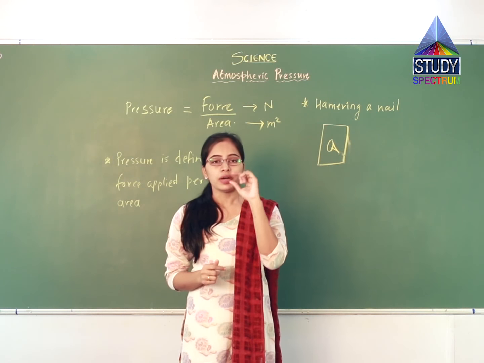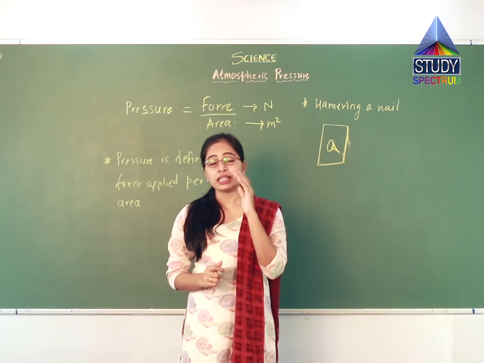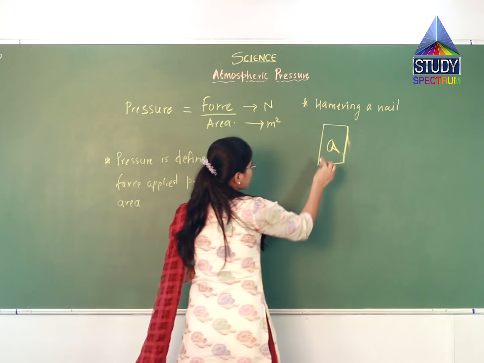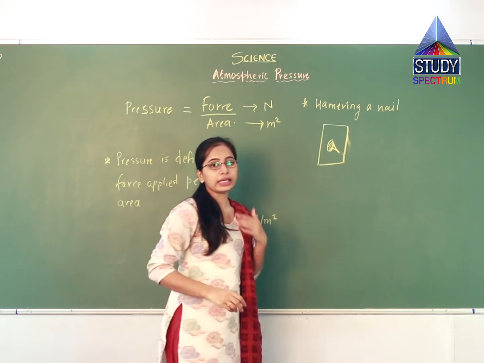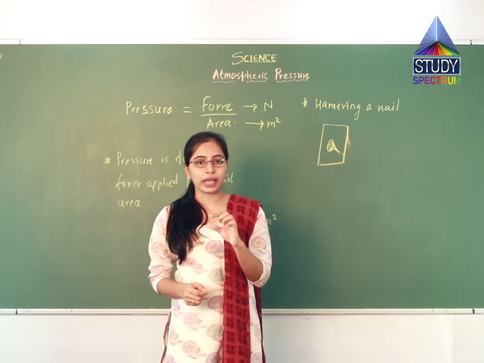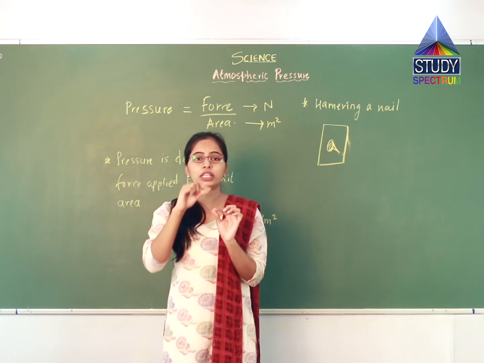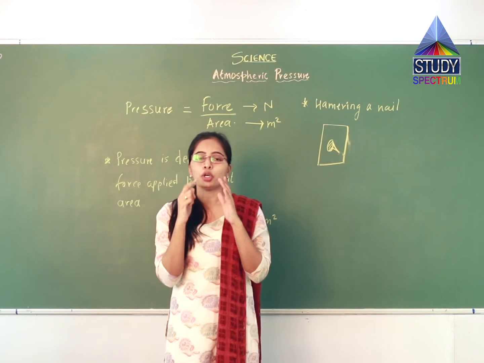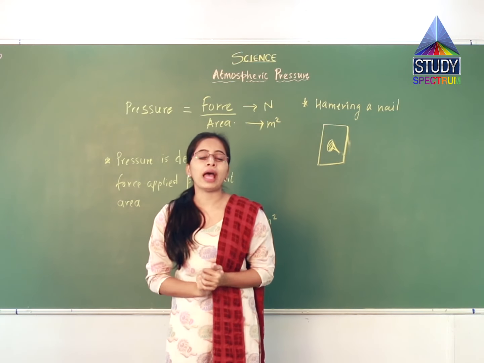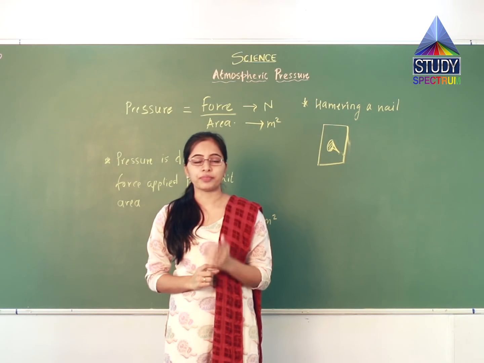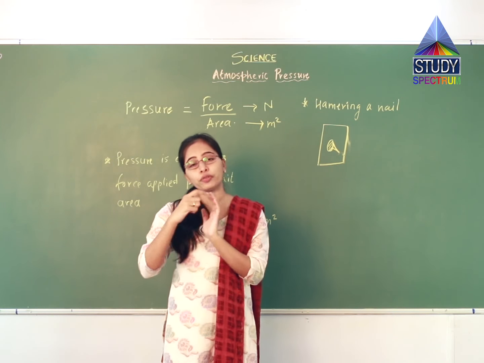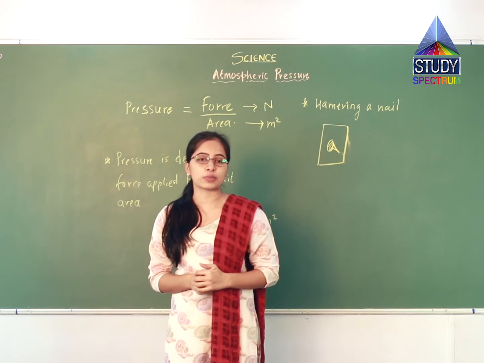Definitely the nail will not go inside, since this circular area is larger. So my applied force will get distributed around all the points of that circular part. So the action of the nail going inside the wall will not take place here.